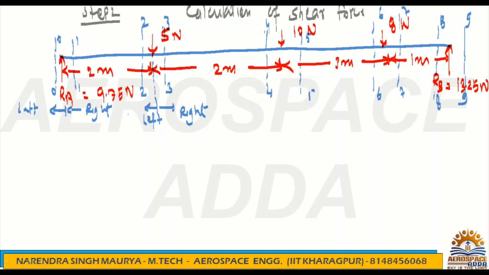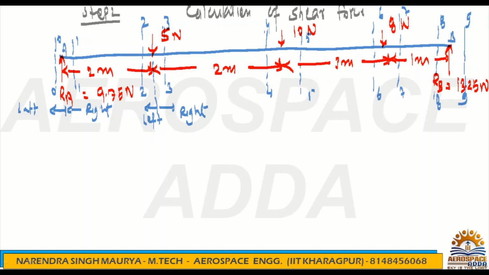This type of sign convention, if you give the pointing, will be very easy for you. You are just going to check just ahead and behind what is the value of force at any point. See, I say this is the point A and this is the point B. In the beam, you have given the name A and B. We have to calculate the forces at each and every point.